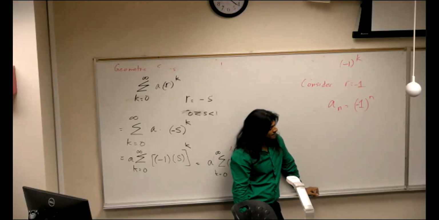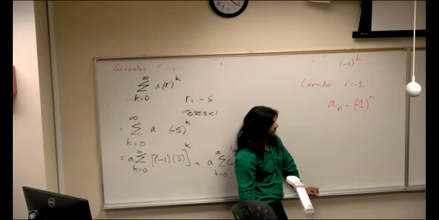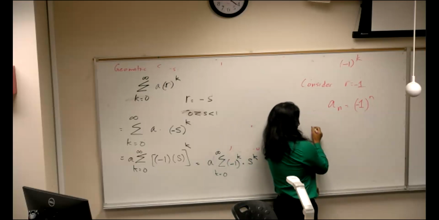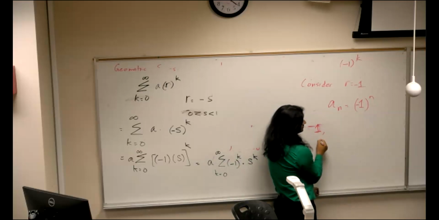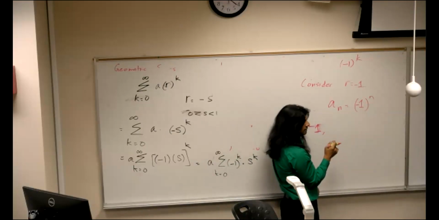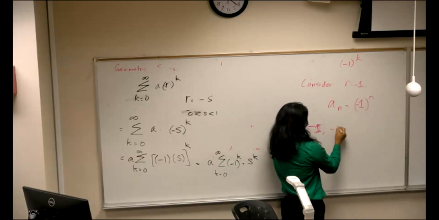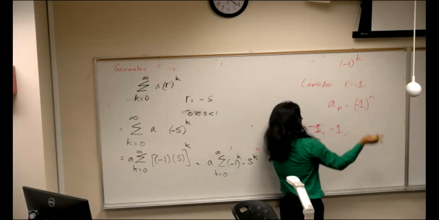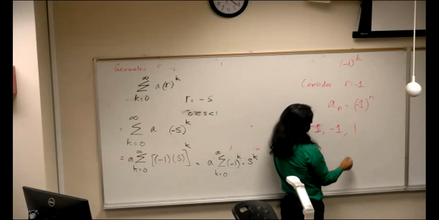Here's where math gets interesting. If I generated the sequence starting at 0, I will have -1 raised 0, which is 1. When I plug in 1, I get -1. When I plug in 2, I get 1.